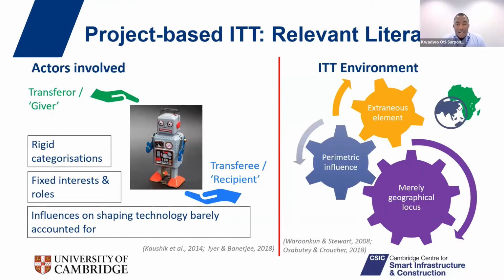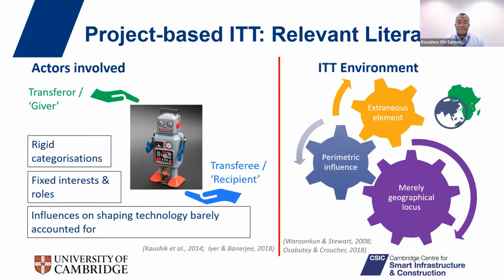Further to the conceptualizations, more often than not, actors from foreign countries are deemed as those who give the technology, and those in the receiving countries, in developing countries, are often seen as those who receive.